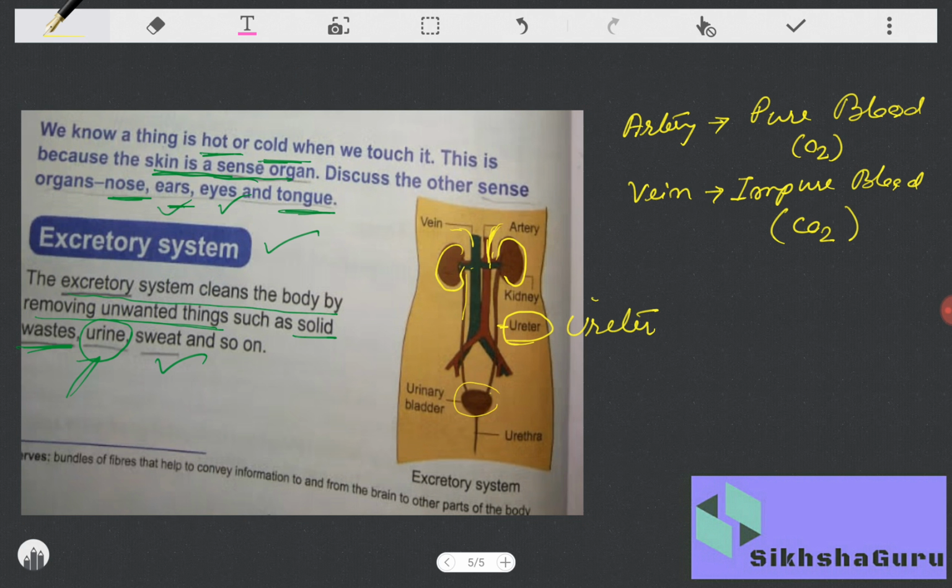This is the urinary bladder. From the urinary bladder, there is a pipe known as the urethra. This is the urethra, through which urine is ejected out. And urine, after its formation, is stored in the urinary bladder.